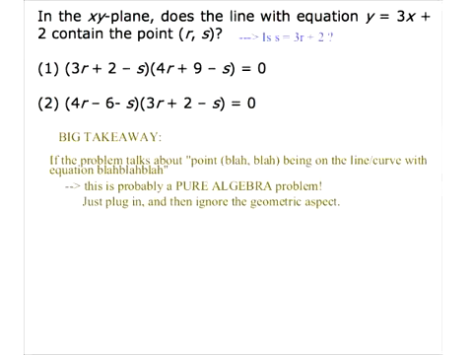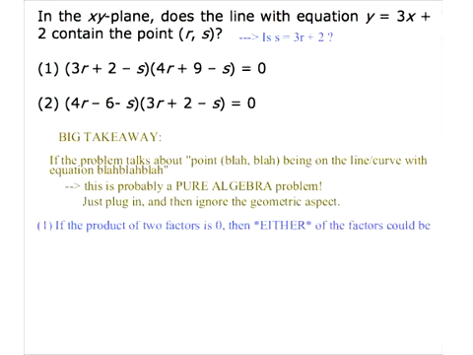Let's talk about it. Statement 1 means either, and this is a big takeaway if you didn't get this right, if the product of two factors is 0, then either, not both, either of the factors could be 0.